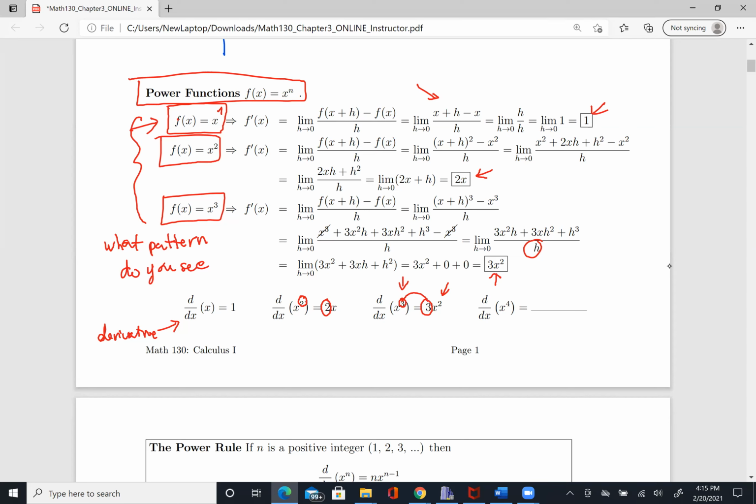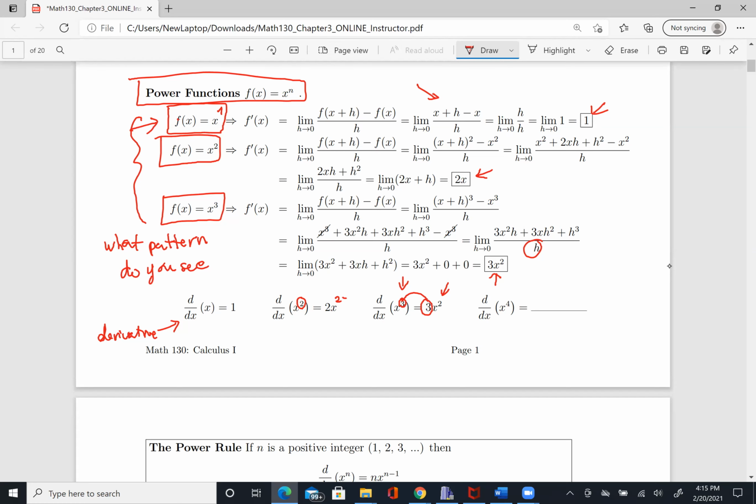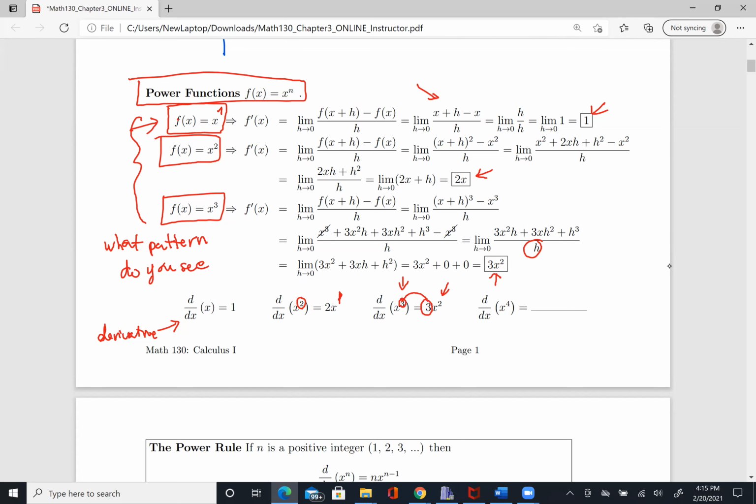So let's come back with x power 2 over here. Let me clear it out. You can see it was power 2 here, right? So if you take 2 and lower it by 1 unit, it's going to be power 1, right? And x power 1 is just x.